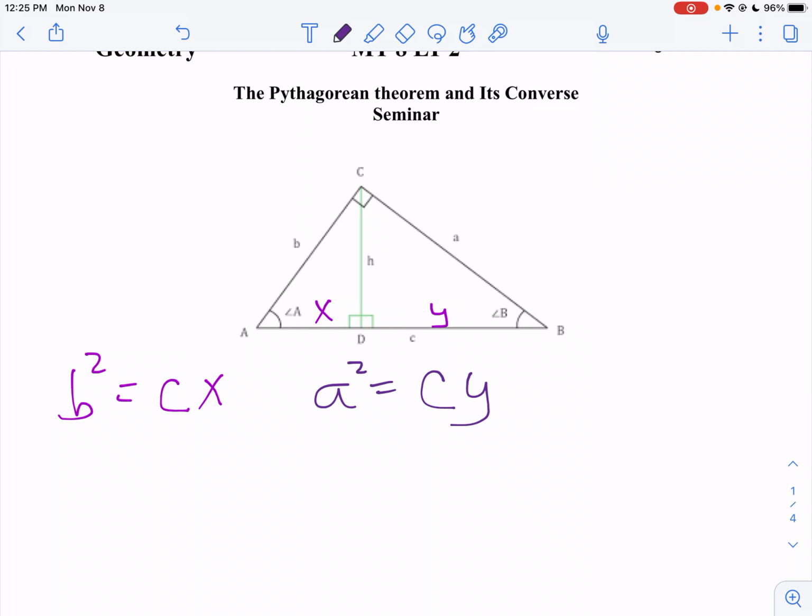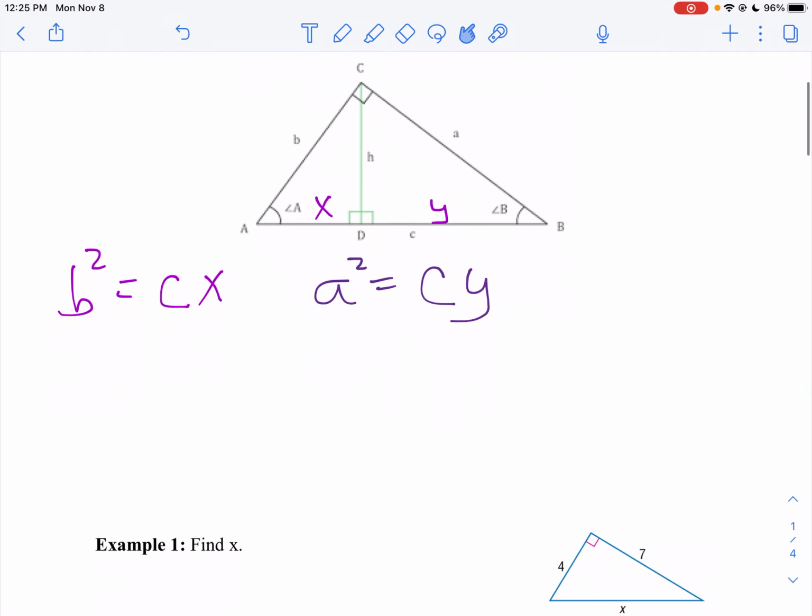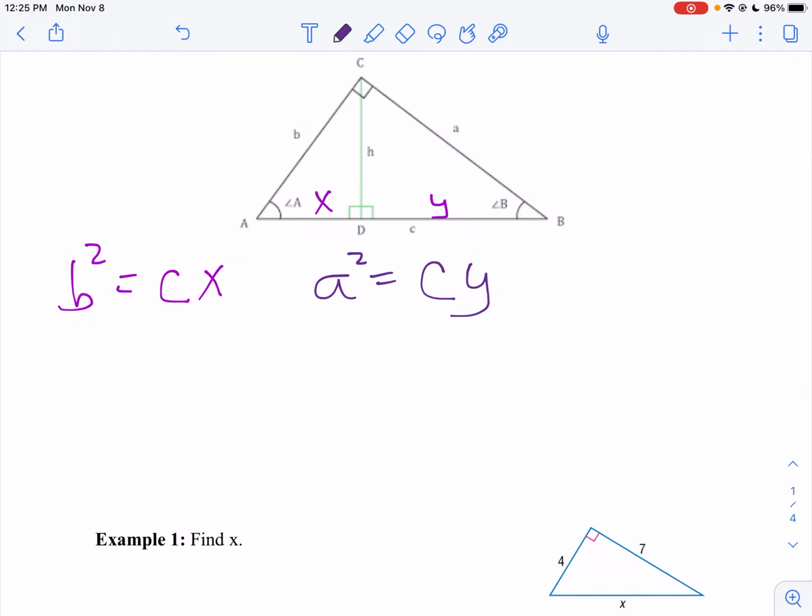I'm going to add a squared and b squared together. So I'm going to say a squared plus b squared. Well, that's going to be cy plus cx. I'm just adding my two equations together. Notice there's a c in both my terms here, so I could factor the c out.